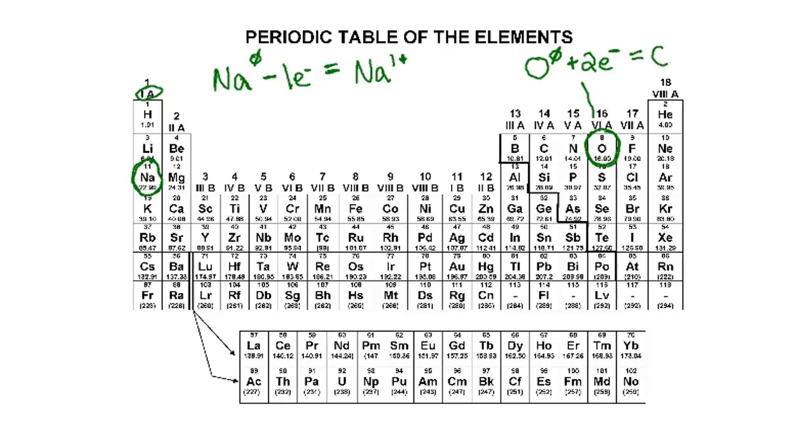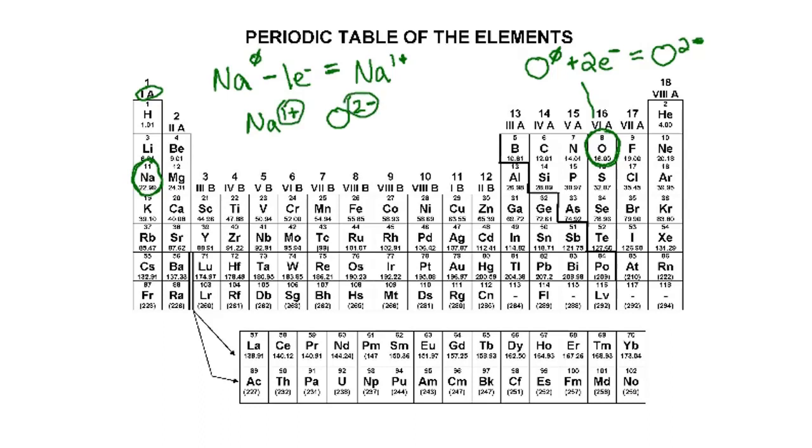So that's going to give it a negative 2 charge. So what do we do now? We have an Na with 1 positive, and we have an oxygen with 2 negative. So how do we put those together? Because these are different.